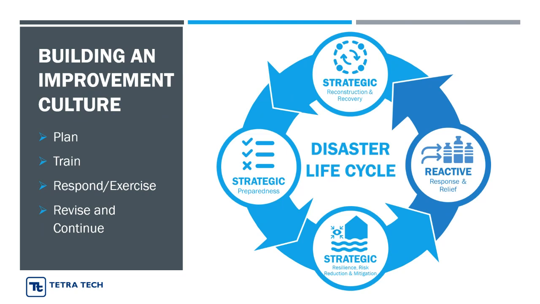So they may be short-term, high-yield type fixes that were done reactively, but the after-action review process also has us thinking strategically and for the long term. So it blends those two, which is a very powerful concept for us as we get into this cycle of improvement. So how do you build a culture of improvement?